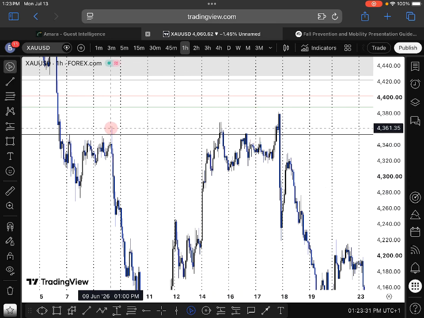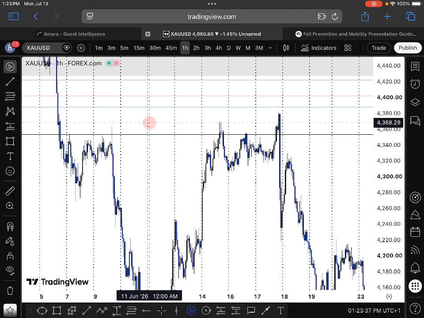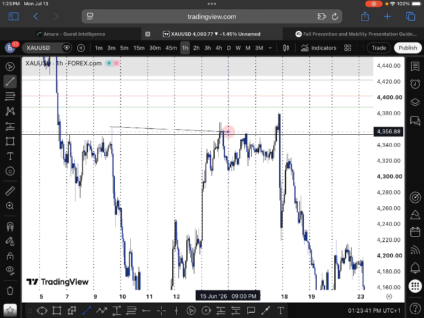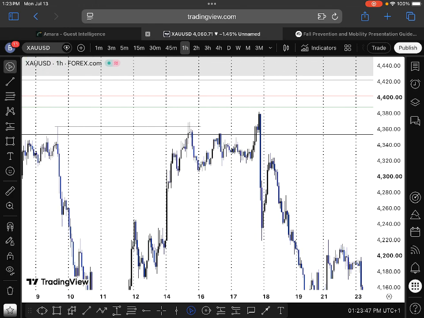Why? Because price has created an engineered liquidity. So I will be using this as a reference. The first time price came, I would have called this a sweep of the liquidity. So what now validates it?